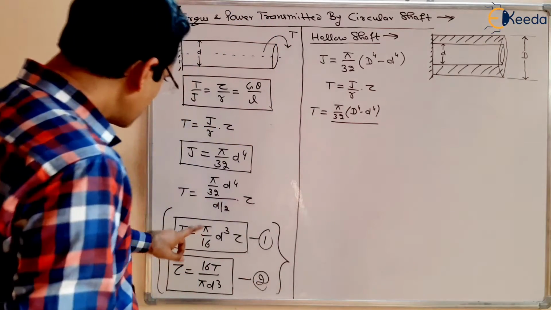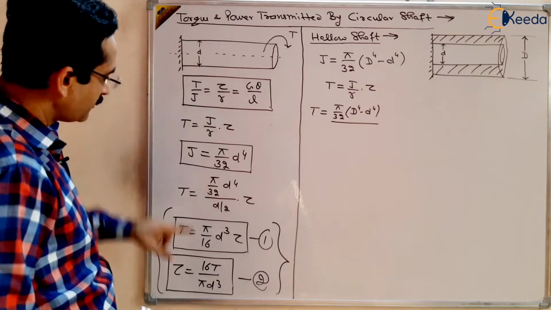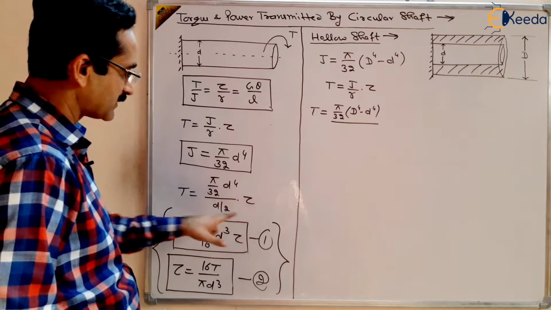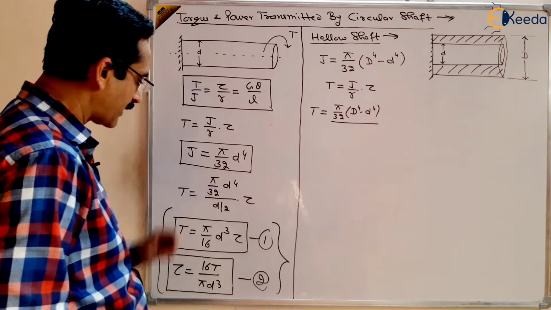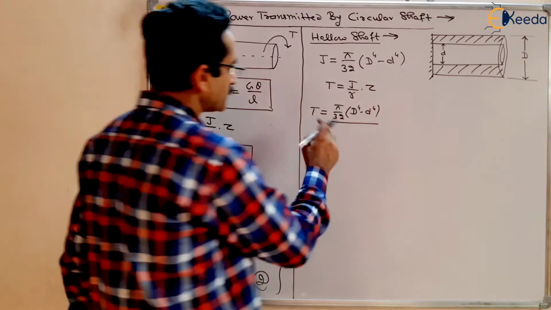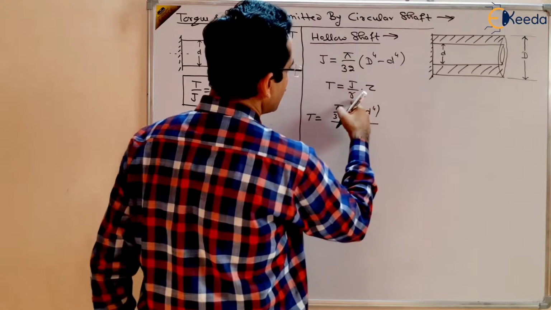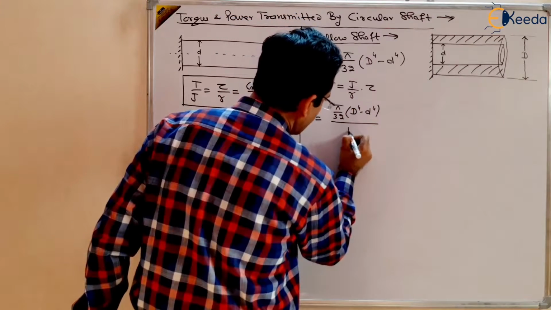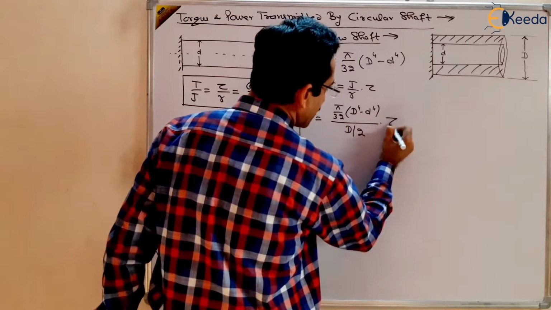Using the outer radius D by 2 means we are using the maximum shear stress, tau max.